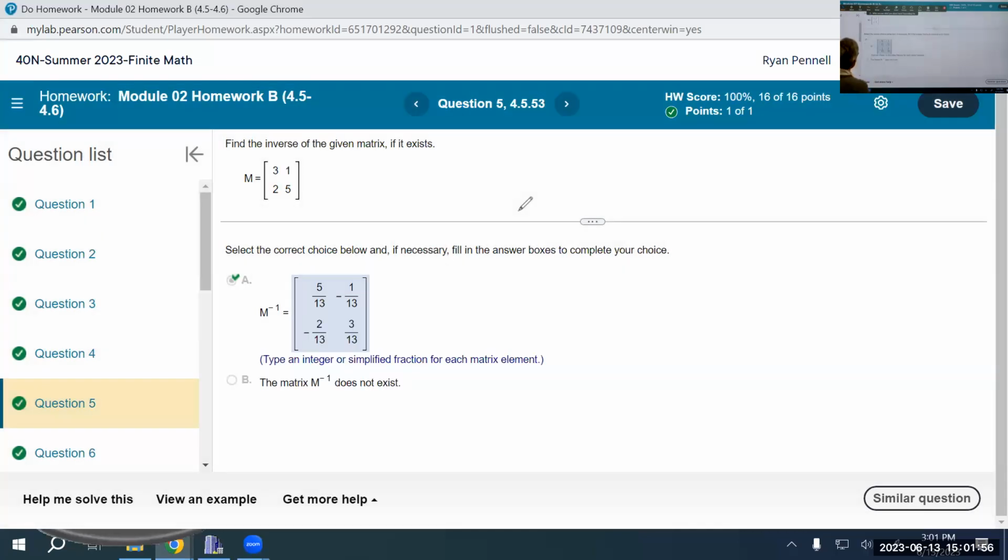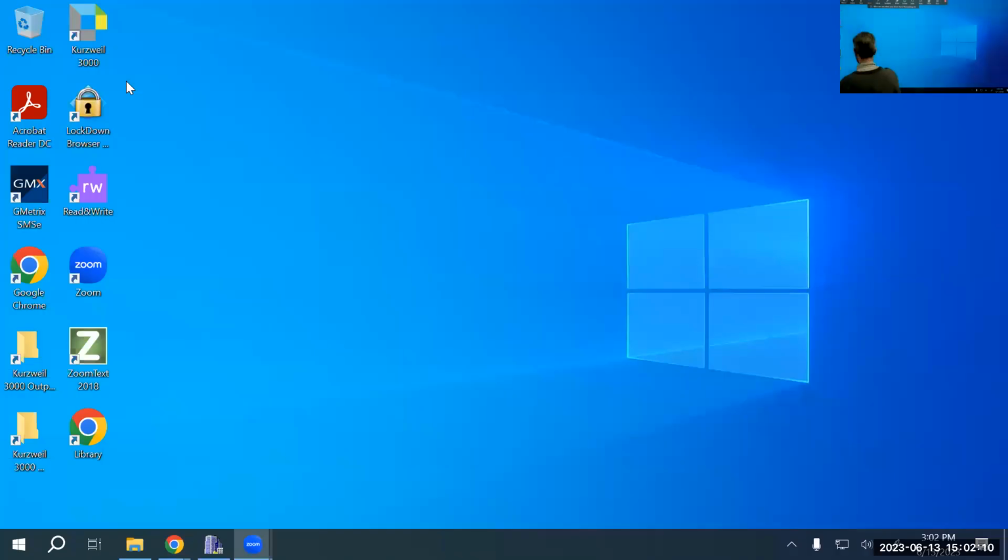All right, next one, same thing. It's just a 2 by 2. We want to find the inverse. How about I show you how that formula works? Last time I did row reducing.